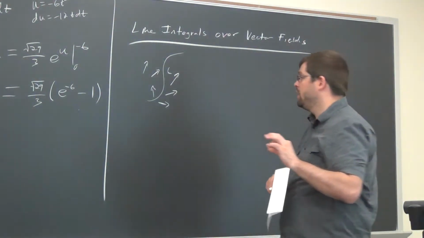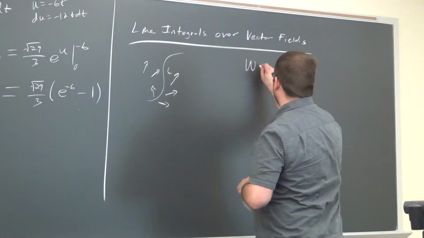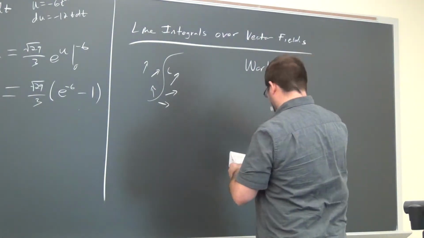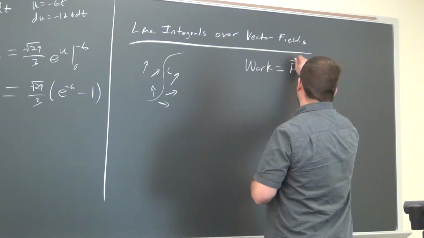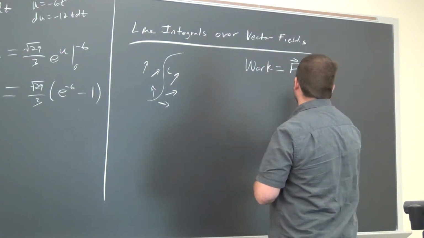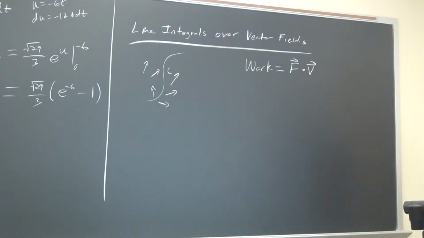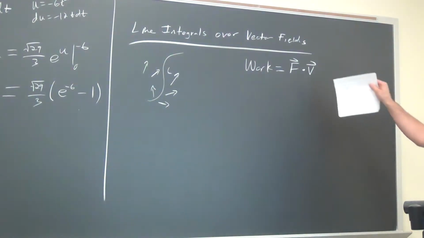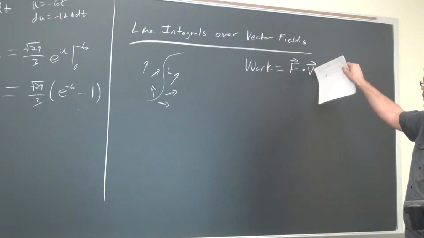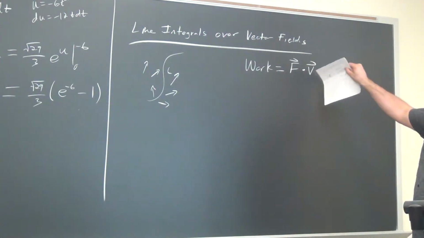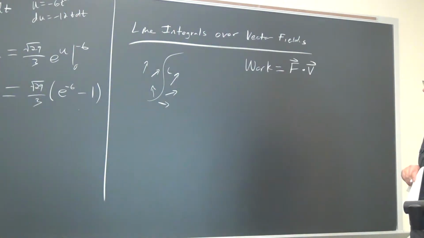And so the idea, if you remember, was that work was just force. If you had a force field given by F, and then you had a direction given by a vector V, the work done in moving a particle by this force along this vector is just given by the dot product of these two things, okay?